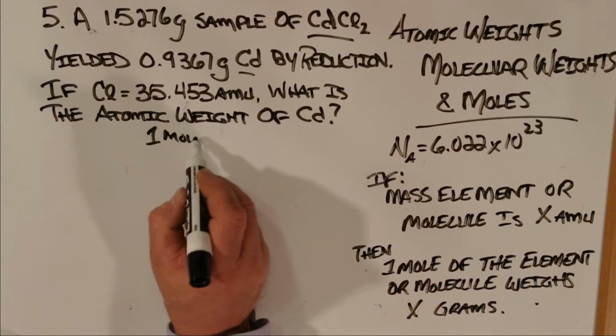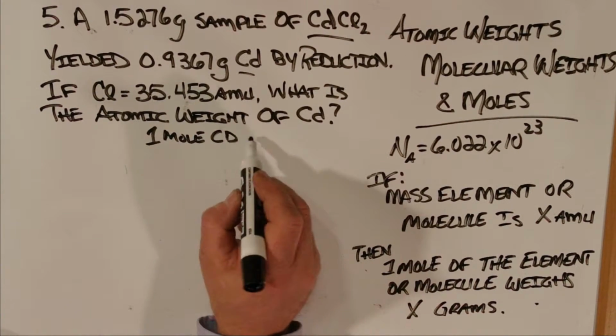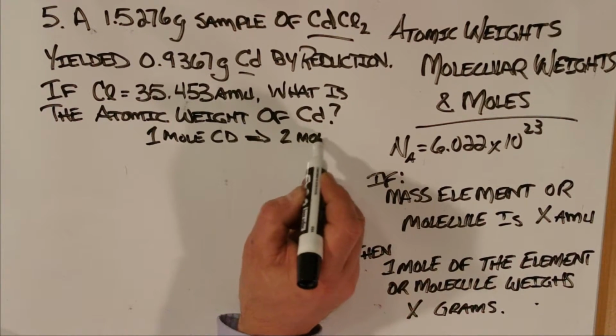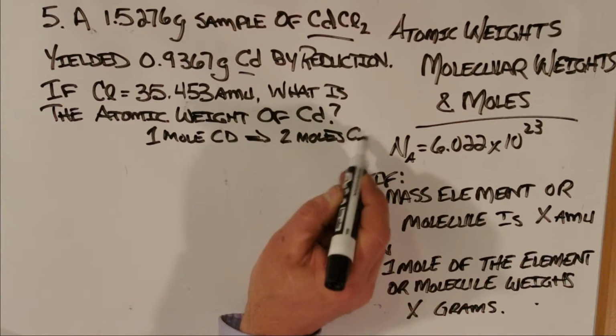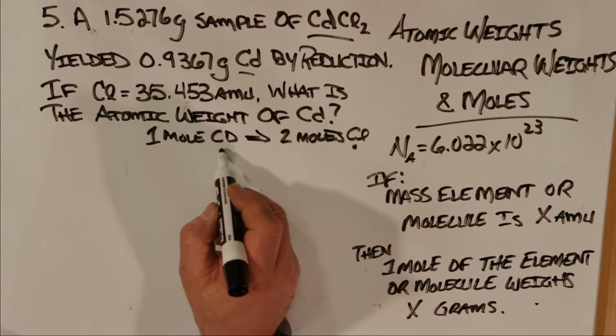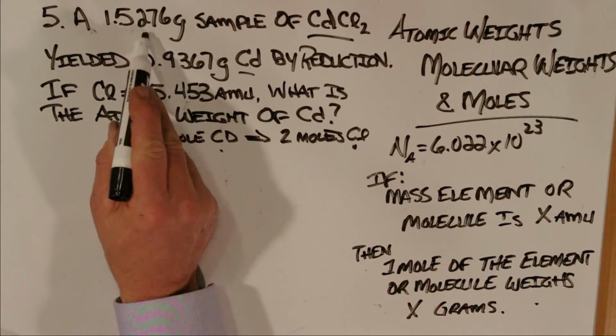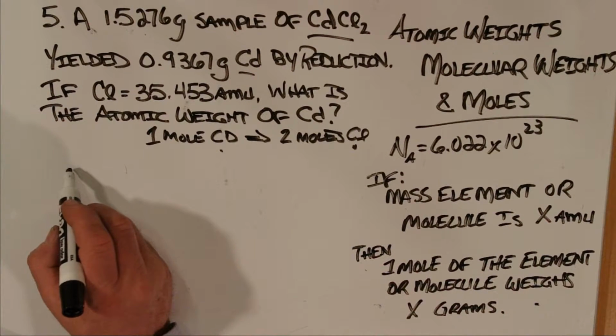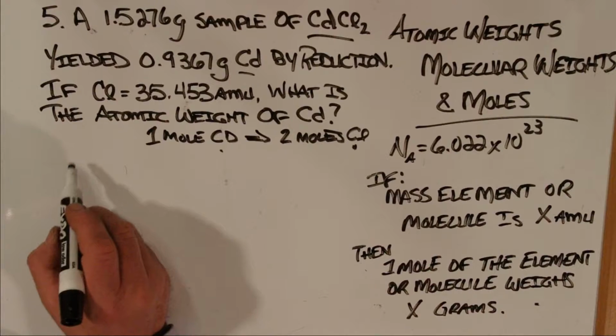We can then use the relationship that's expressed in the molecular weight to come up with the number of moles of cadmium present. We know how much weight there is, so if we know the number of moles and the weight, which is given as 0.9367, we'll be able to back calculate and come up with the atomic weight.